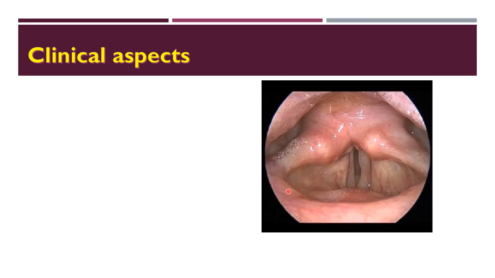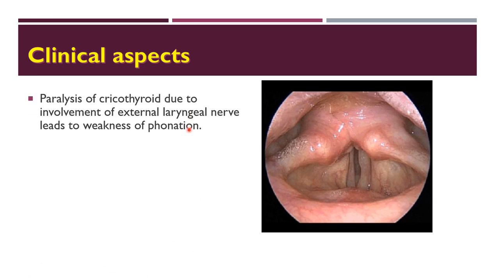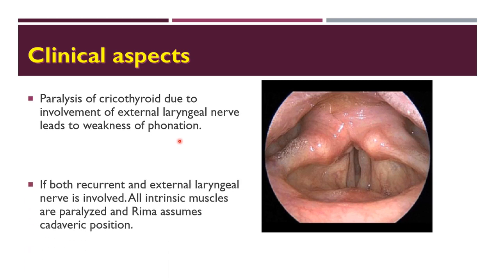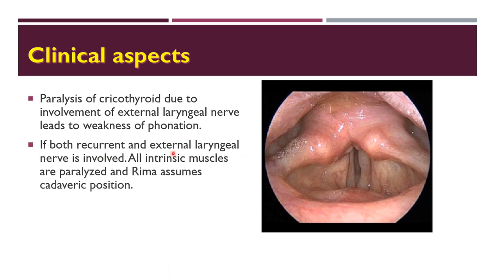When both the external laryngeal nerve and the recurrent laryngeal nerve are damaged, all the muscles are paralyzed and you are able to see the vocal folds or the cords lie in a paramedian or a cadaveric position. The Rima assumes a cadaveric position.